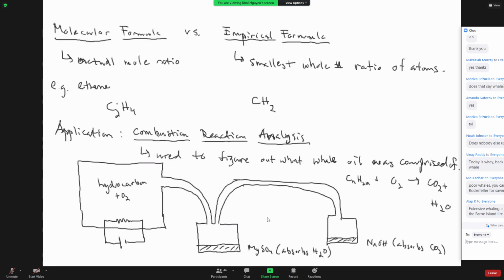And you think about it, this is your typical car engine, right? Even the hybrid engine still uses fossil fuels like gasoline, which is an octane, which is a hydrocarbon. And you're combining it with oxygen gas, and we're giving off carbon dioxide, which we call the greenhouse gas now, right? And water. So both carbon dioxide and water are products of this combustion type reaction.